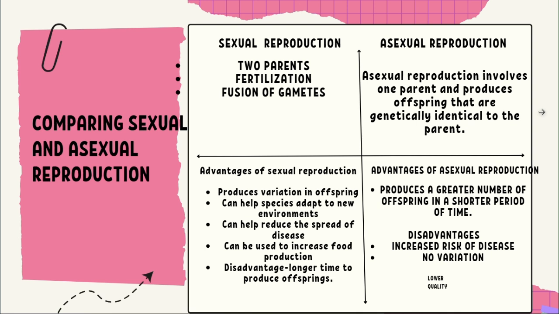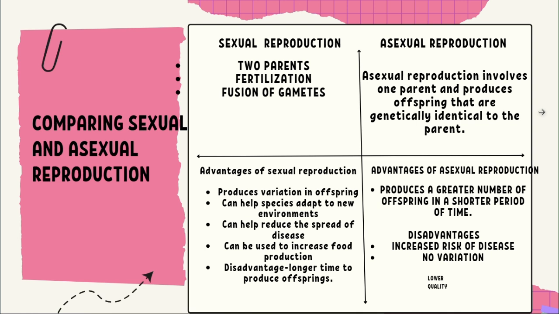And one of the biggest things when comparing asexual and sexual reproduction is that asexual reproduction involves only one parent. What's so unique about asexual reproduction is that the offspring are identical to the parent.